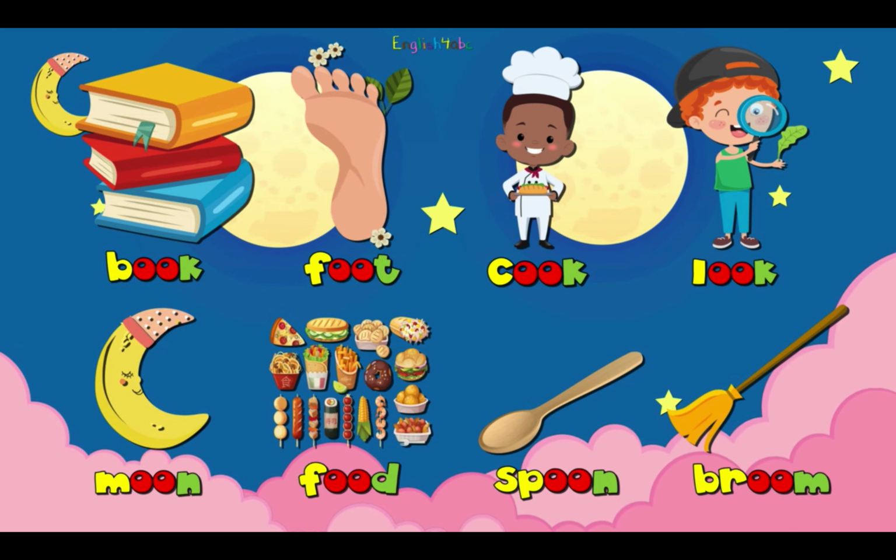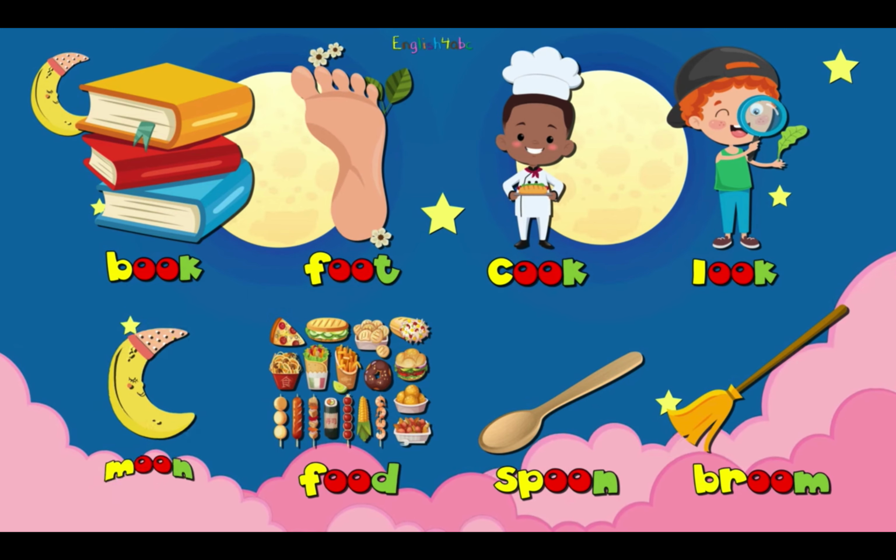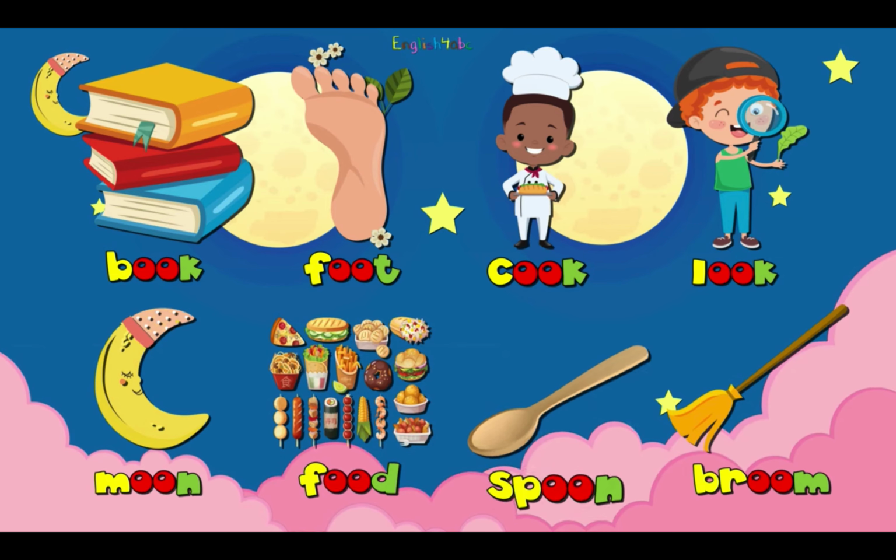Book, foot, cook, look, moon, food, spoon, broom.